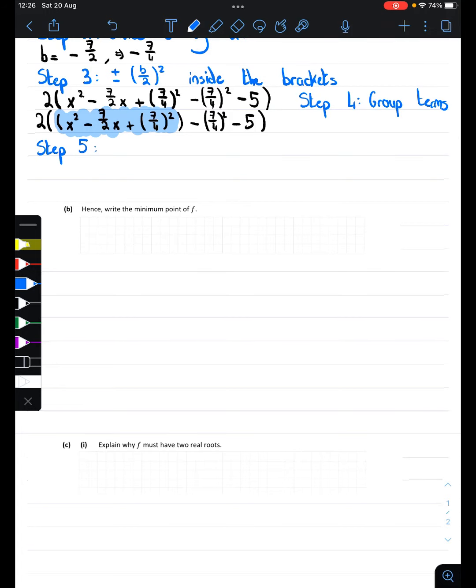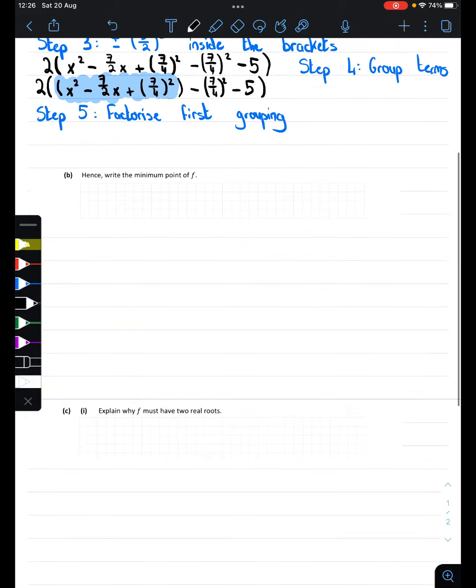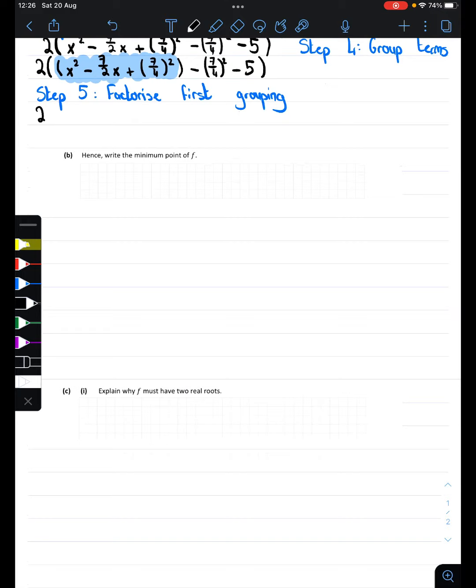Step 5 is factorize the first grouping, the grouping in blue. Because of the way we've constructed this by adding the 7 over 4, it's reasonably easy to see that this is just (x minus 7 over 4) squared.